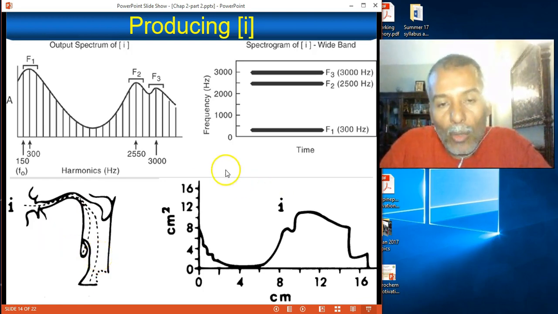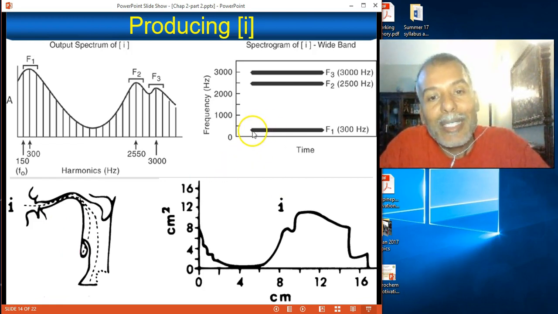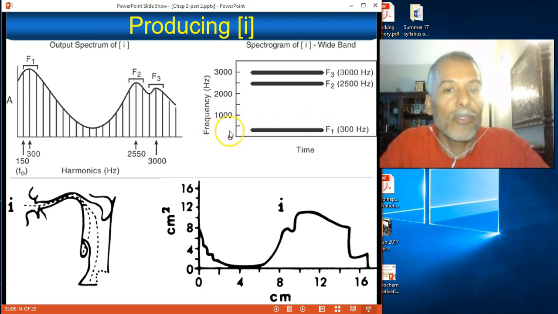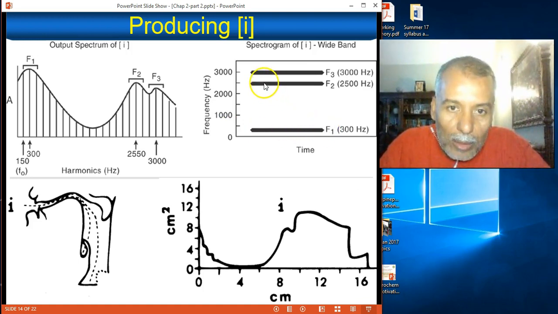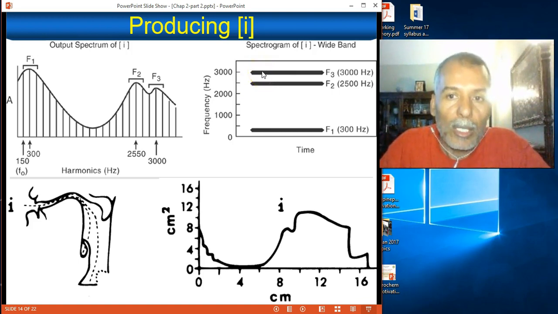Let's see. So the formant is basically the line that is used to mark the first resonant frequency. So for F1, first formant, second formant is here, third formant is here. So formants are these dark bands of energy that are plotted on a spectrogram.